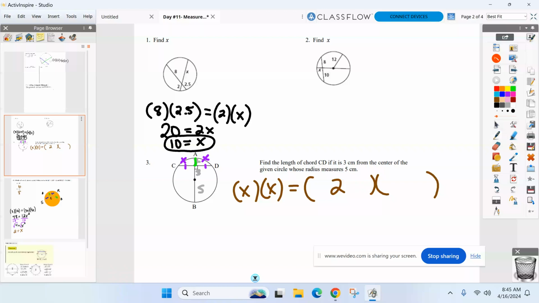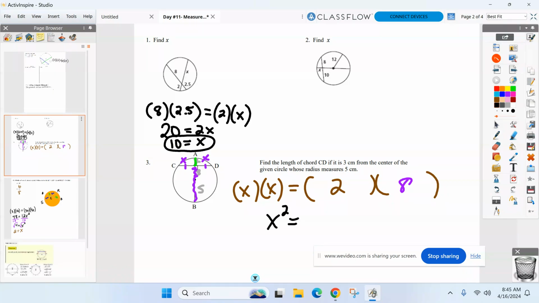Ooh, I need the whole thing, though. You're only giving me this part right here. I need the whole darn thing, which is 8. Everyone seeing where that 8's coming from? Part 2 times the other part, 8. Got to give me the whole thing. Questions on how we set that up? And the parts always start from the intersection point on each side of the intersection point.